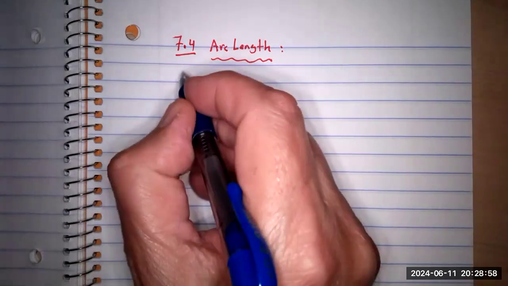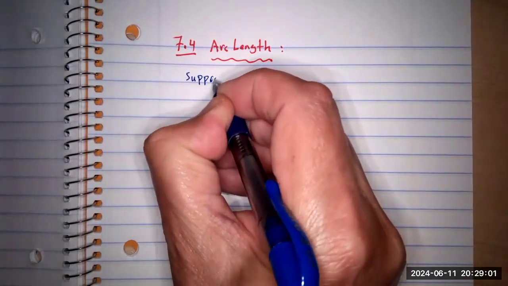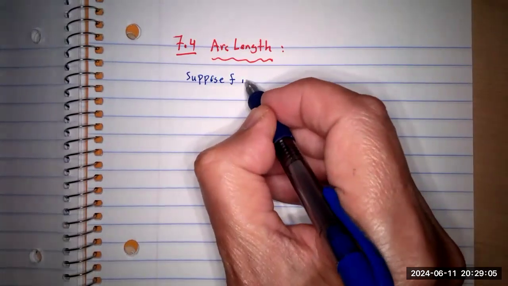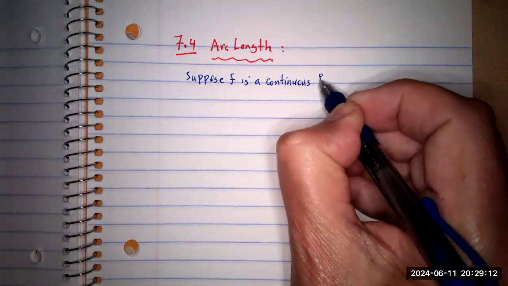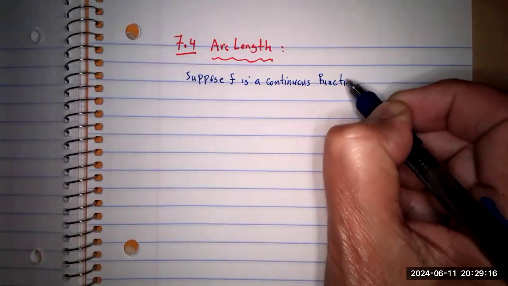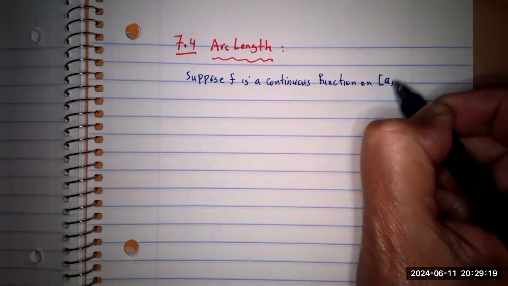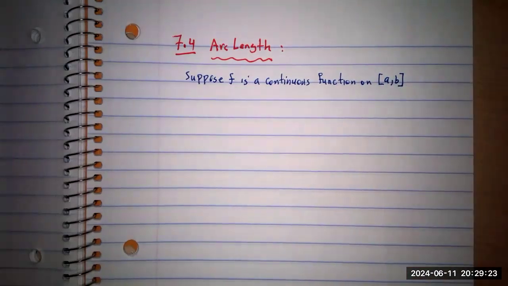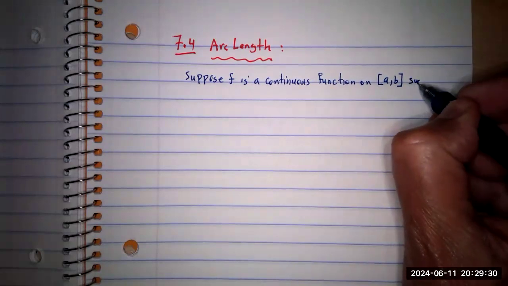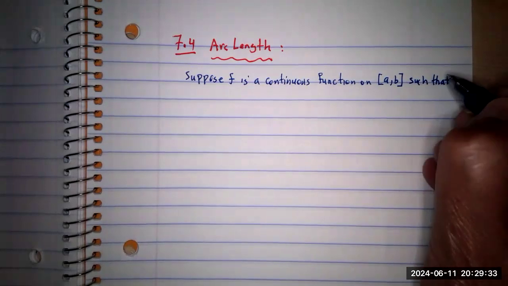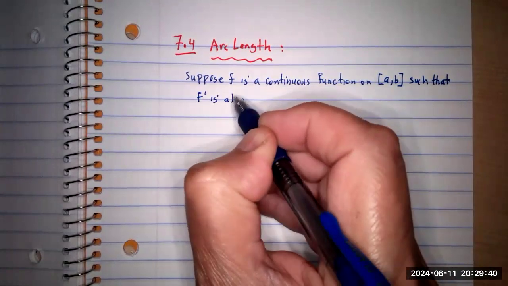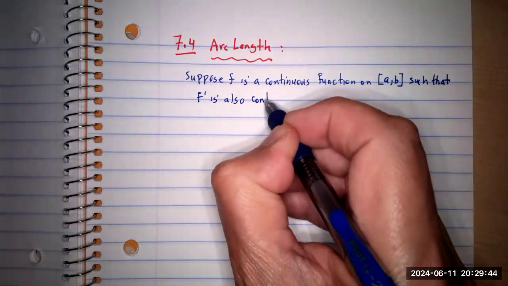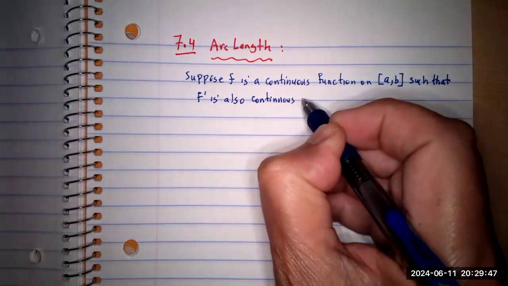Suppose f is a continuous function on the closed interval [a, b], with the condition that it's differentiable and the derivative f prime is also continuous on this interval.